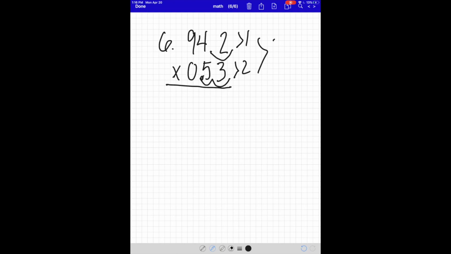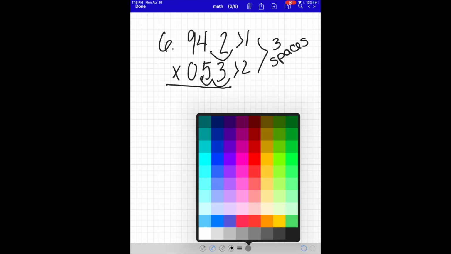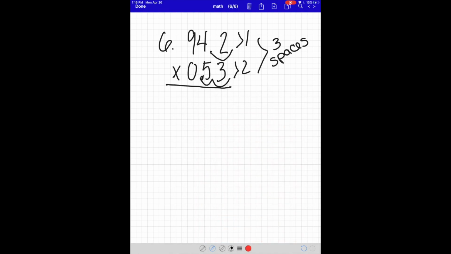We'll have 3. Then we're going to start multiplying. 3 times 2 is 6. 3 times 4 is 12. Carry your 1. 3 times 9 is 27. Plus 1 is 28.